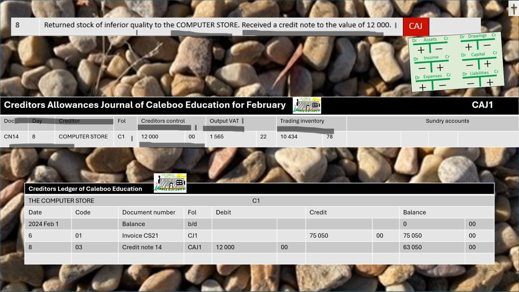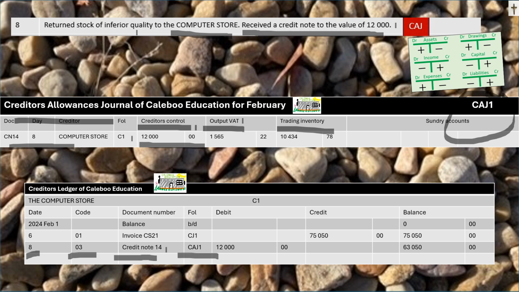So if we take this information to the creditor's ledger, we've given a code 03 for creditors' allowances. The document that we received was a credit note, and I saw the document, it was number 14. Where is this information recorded?